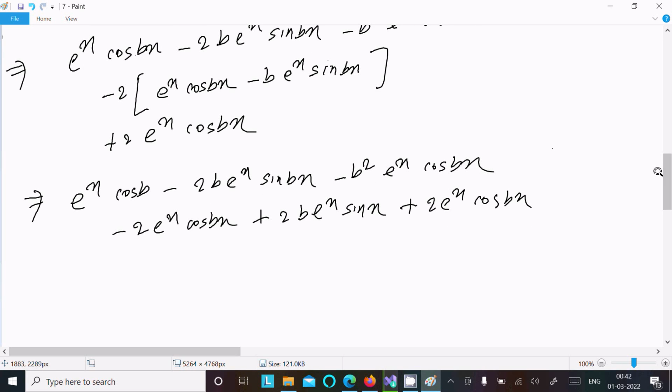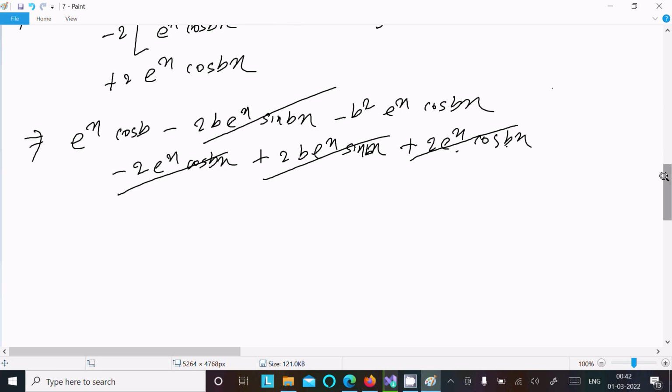So here 2 e power x cos bx and 2 e power x cos bx are the same terms. Now after that 2 b e power x sin bx, this must be sin bx, b missing, so these are the same terms.